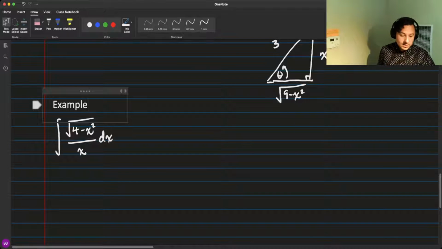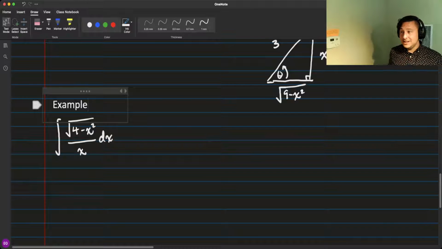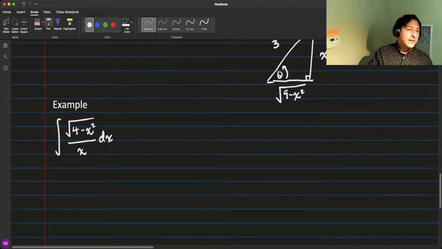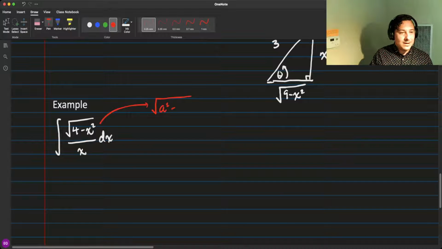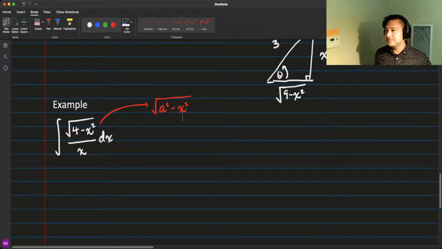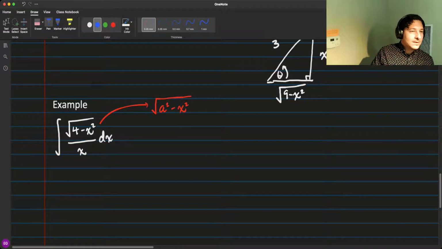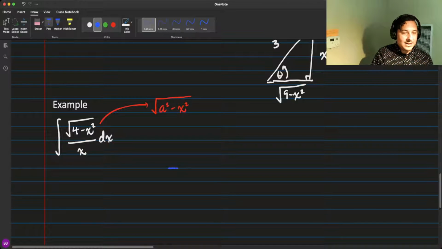Okay, I'm back. Looking at this, hopefully you recognize that this part up here is your a squared minus x squared. And you're like, okay, I'm going to set up a triangle.